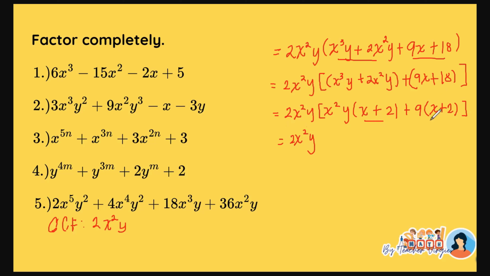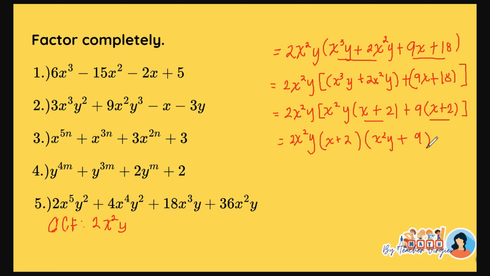Now they have a common binomial, so let's take out here x plus 2. Now find the remaining. For the first term, taking out this one is x squared y. Then the next one is added by 9. There you go.